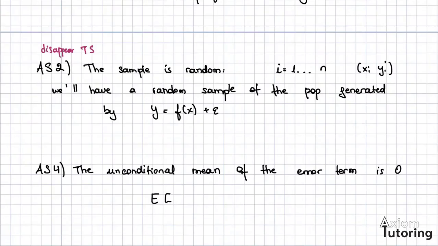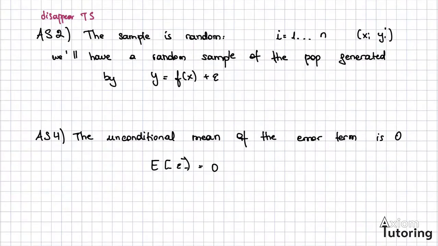Mathematically, we can write this as the expectation of the error term being equal to 0. What does that tell us is basically that on average, we expect the epsilon to have value 0, okay?